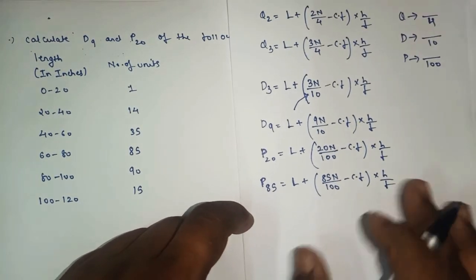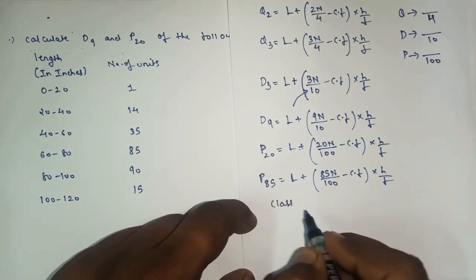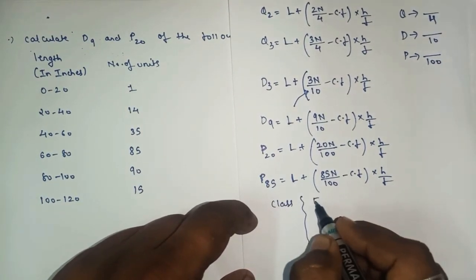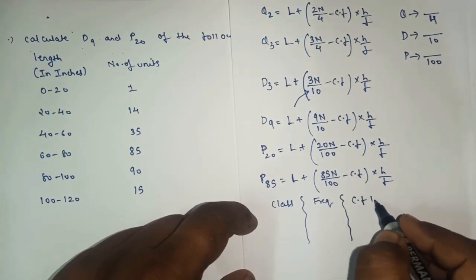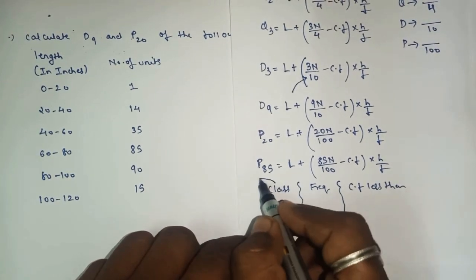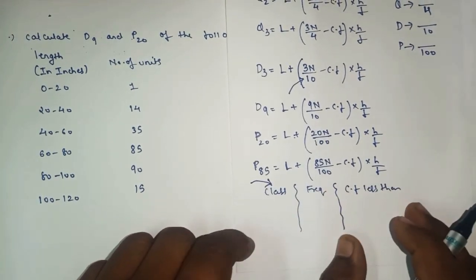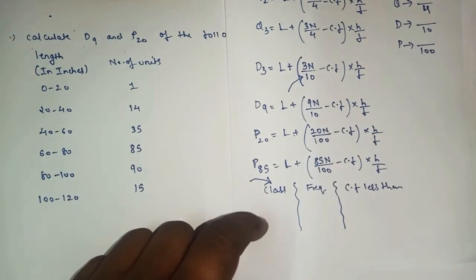Here also, in the first column you will write class, in the second column you will write frequency, and in the third column you will write cumulative frequency less than. See to it that the class has to be continuous. Without making the class continuous, you cannot find your answer.